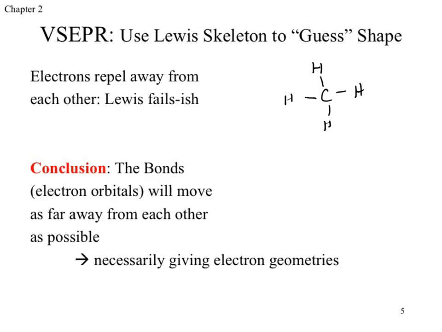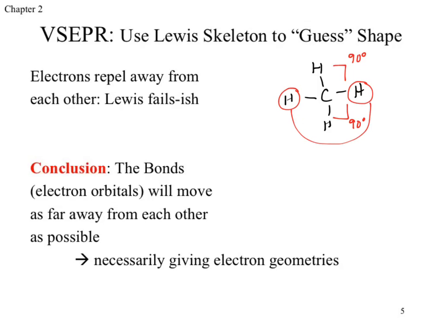Why must they all be the same? So all hydrogens are exactly the same, which means the bonds should all be exactly the same, which means the bond angle here being 90 degrees should be the same as the bond angle here. 90 degrees. So what's the problem with my structure?